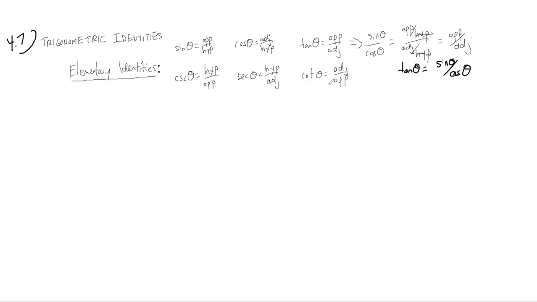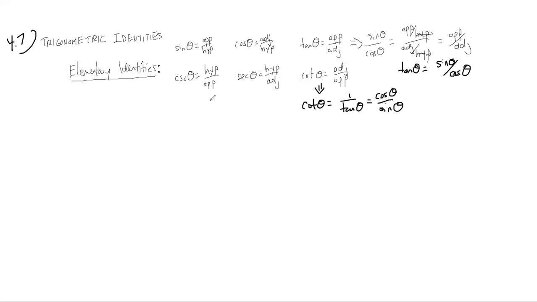And now cotan, if you have a look at this, you can see that cotan is just 1 over tan. It's the reciprocal of the ratios in the tan theta. So this is 1 over tan theta, which is just the flip of the sine over cos. So we could also just write that as cos theta over sine theta.